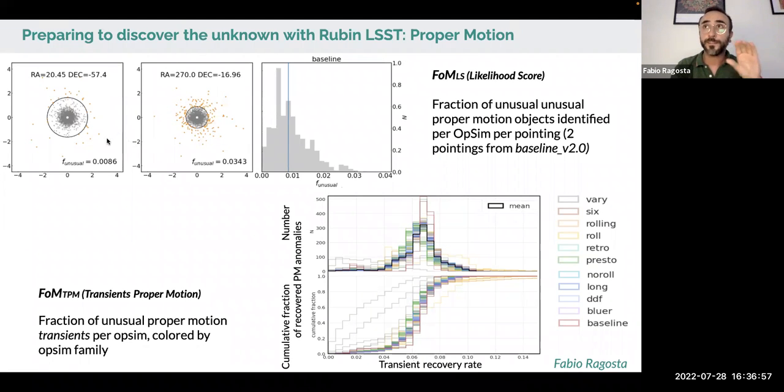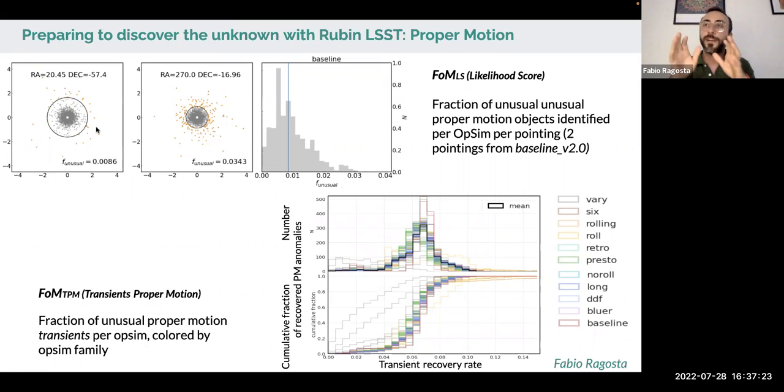The three panels show the average and the best performing pointing from the baseline footprint. The dots in the panels show the unusual proper motion population, whereas the circle line shows the 3 sigma limit from the usual population.